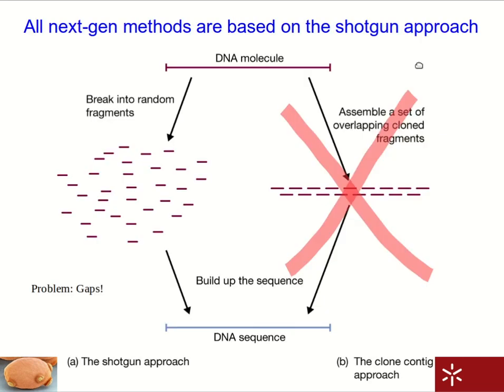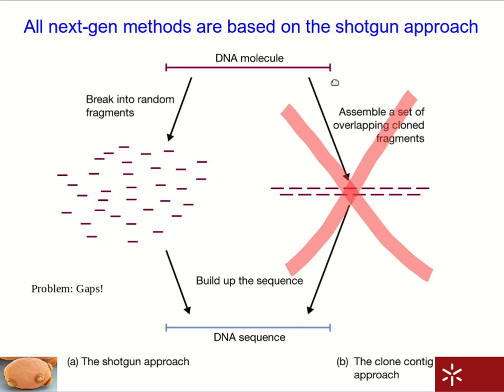All of the sequencing strategies based on the next generation technologies are necessarily shotgun. This is a shotgun approach. So you start with a long DNA molecule that you fragment, then you sequence each fragment, and you build up the consensus sequence in the computer.